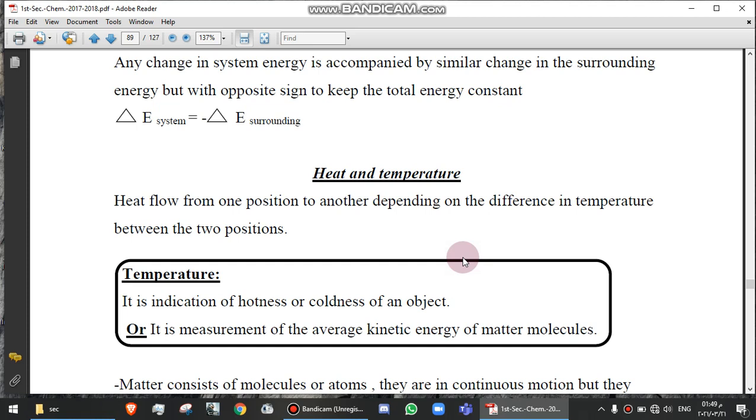Now, what is the difference between heat and temperature? If we have two beakers, each of them contains water. One of them has a temperature of 80 degrees Celsius and the other 20 degrees Celsius, and we make a mixture between them. Okay? What do you think? Does heat transfer from 80 degrees to 20 or from 20 to 80?